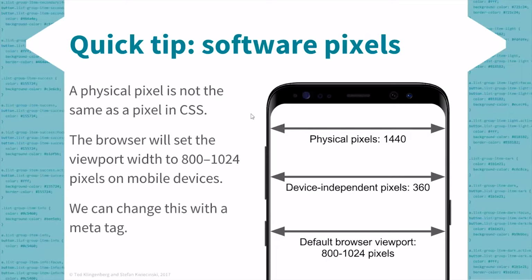The browser will set the viewport, what we're actually seeing in our browser window, to somewhere between 800 and 1024 pixels on mobile devices. So if we have a website and display it in the browser, it's going to give a viewport width of, we'll pretend, 900 pixels. It may be larger, it may be smaller, but we'll just pretend it's 900.